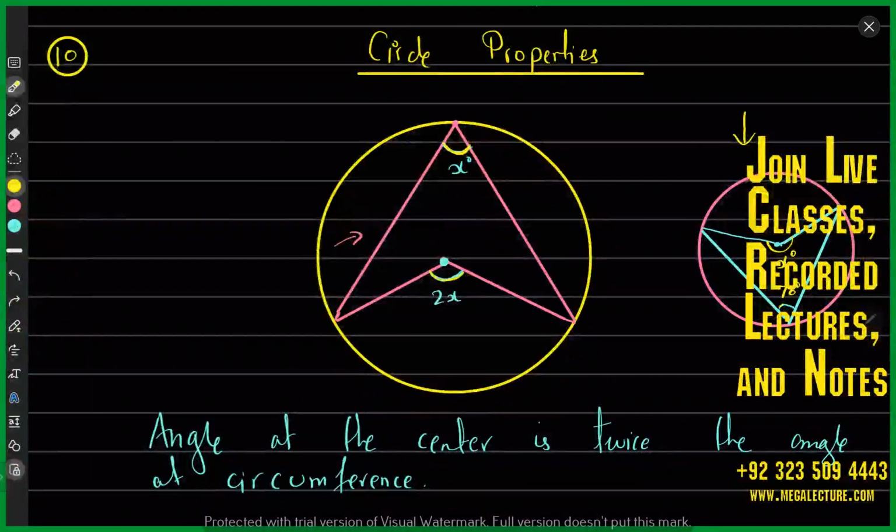So you have this angle at the circumference and you have been asked about this angle. You don't know anything about this angle. What you can do is use the property and say that angle at center is twice the angle at circumference. So you can find this angle, right? If the angle at circumference is 70 degrees, this would be 140 degrees.